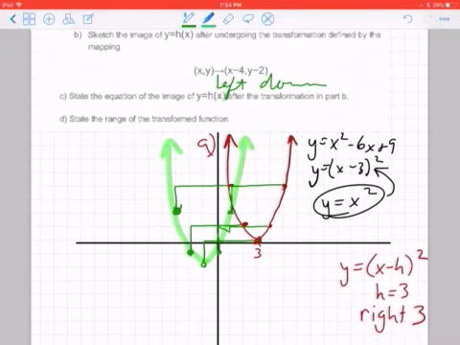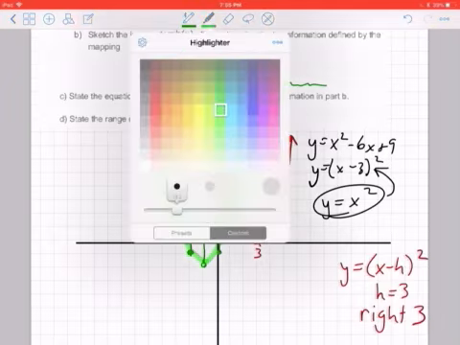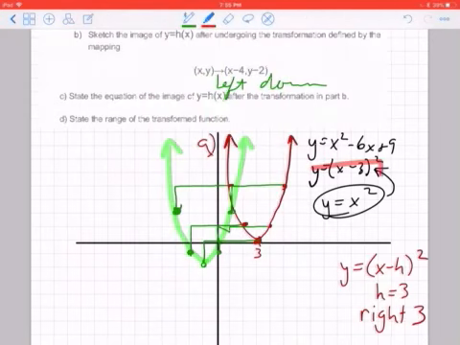Okay? So now what we can basically say is that this original function, h at x, which was x minus 3 squared, and that was the red function, what we've done to that is we've moved it left 4 and down 2.